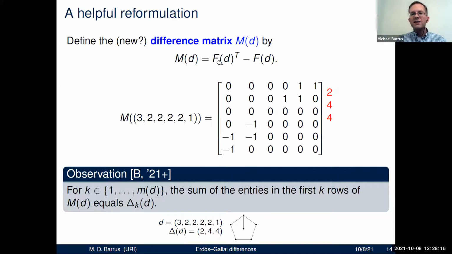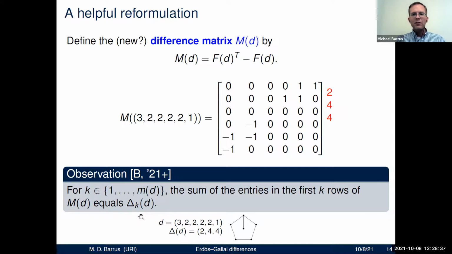After we subtracted these, a lot of things cancel each other out. The ones that are left form the difference between the right and the left-hand side. And the 2, 4, and 4 are the partial sums of the rows of this matrix, the entries in those rows. All right. Okay, so that's going to be handy to us.